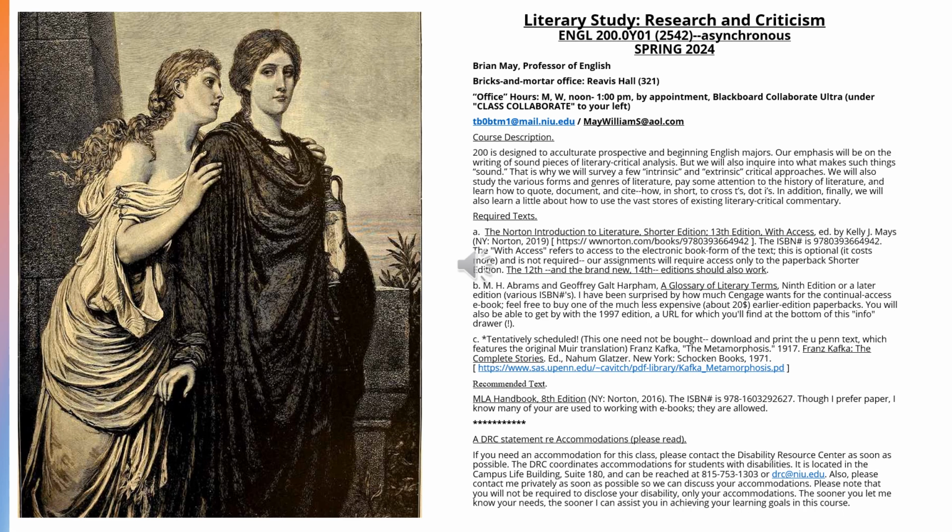I've caught all of those instances with respect to the 14th edition. But if you have an earlier edition, rather than make you go out and buy a new one, I'm going to suggest that you just let me know if something's not there, and I'll see what I can do about getting it posted. Okay? Because I have access to all of these editions and can do some supplementing if necessary.